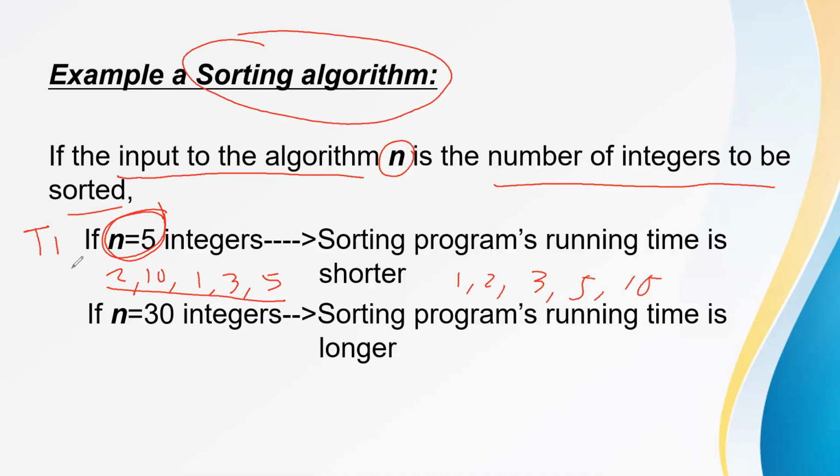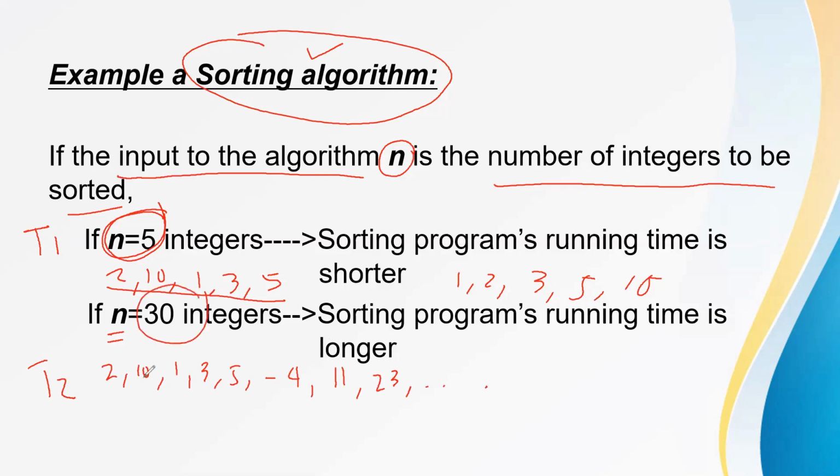Say at another instance, at time t2, you run this program again, or this underlying algorithm is being run again. On the second run or execution, you input n equal to 30. So you're going to input 30 integers to be sorted, say 2, 10, 1, 3, 5, negative 4, then 11, 23, and so on.